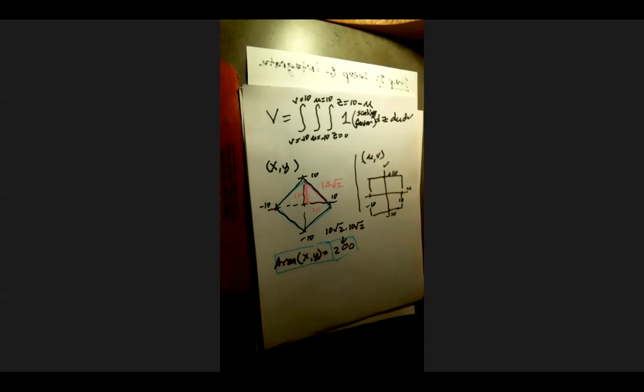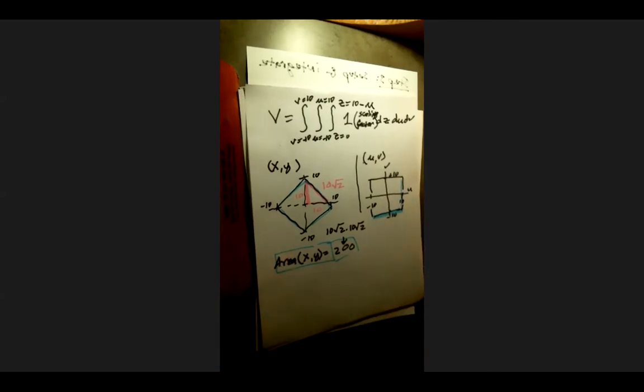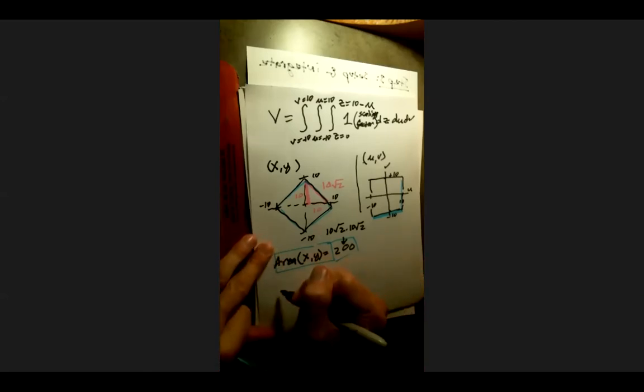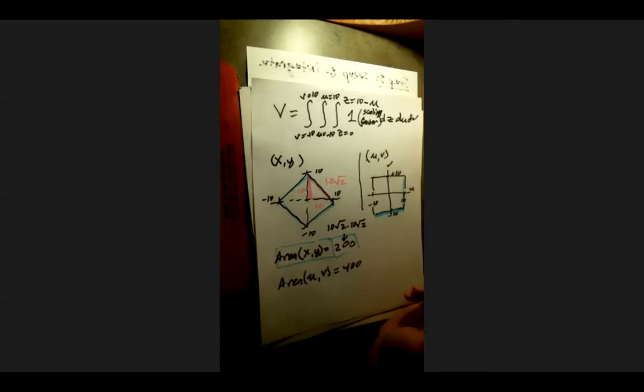And I don't think we have to do any complicated Pythagorean identities here. What's going to be our area in the UV world? 400. A nice 400.